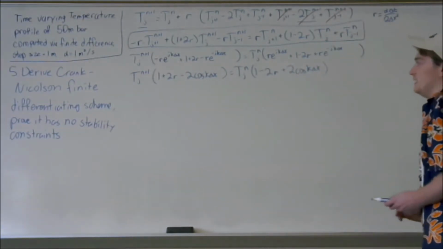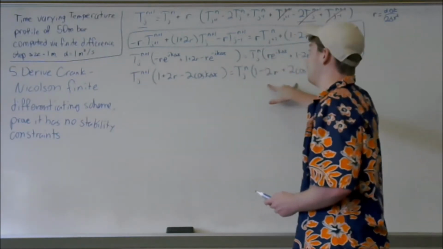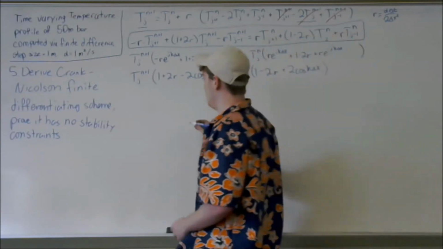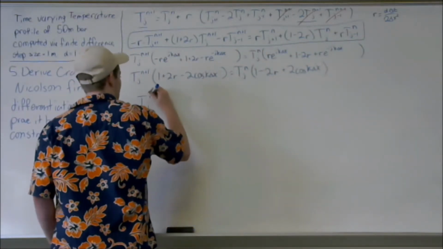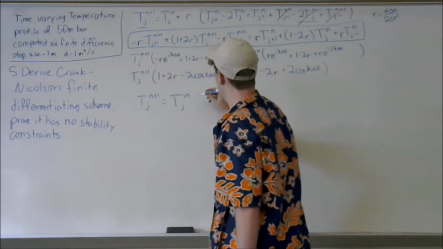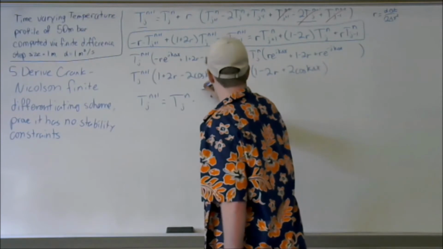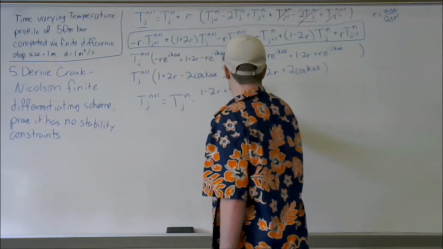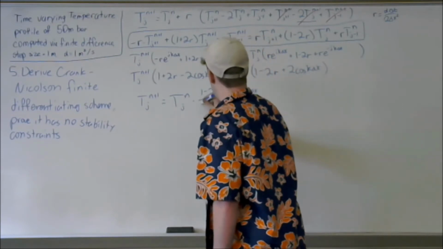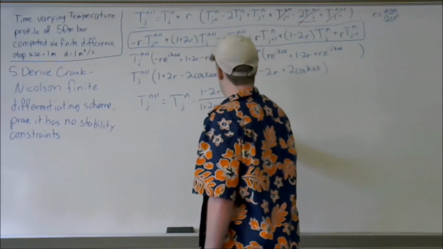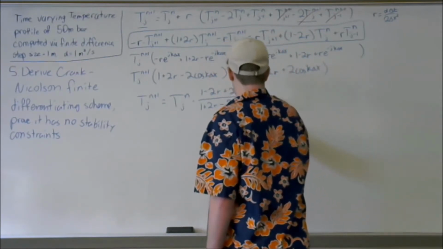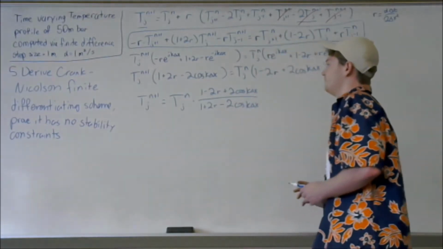Just like that. And then if we move this value over to the other side, we're going to separate our n plus 1 values from our n values. We get T_j^(n+1) equals T_j^n multiplied by 1 minus 2r plus 2 cosine of k delta x, all over 1 plus 2r minus 2 cosine of k delta x.